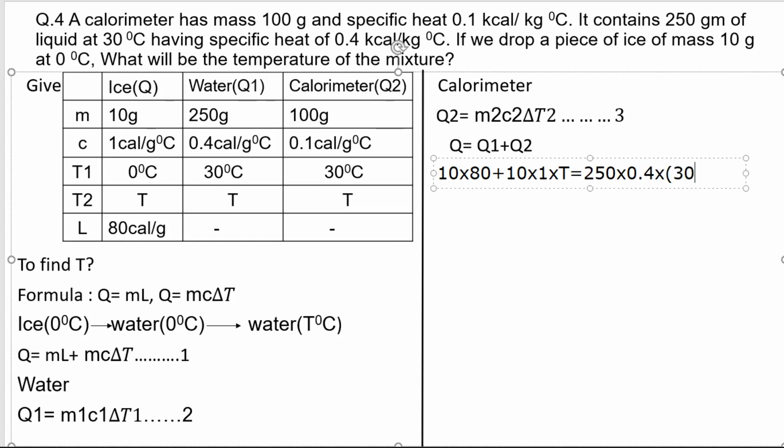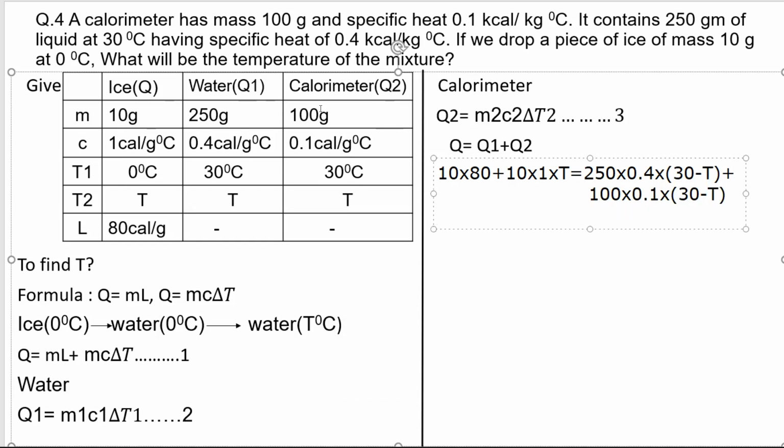So here we can write 30 minus T. Now plus M2 C2 delta T. M2 is 100, C2 is 0.1 into delta T, that is 30 minus T.